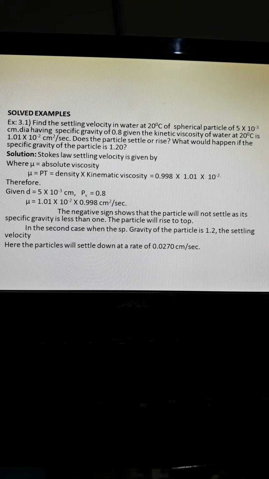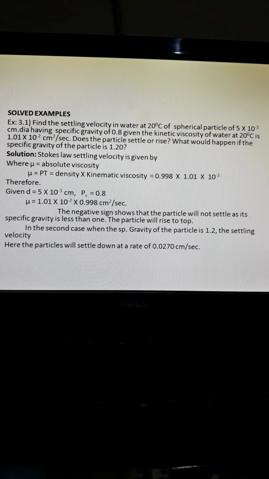Therefore, within the bracket, the term rho s minus rho w, that is density of the solids minus density of the water, is 0.8 for the solids and 1 for the water. Therefore, we are going to get negative 0.2. Therefore, instead of settling down, the particle will rise to the top because of this negative sign.